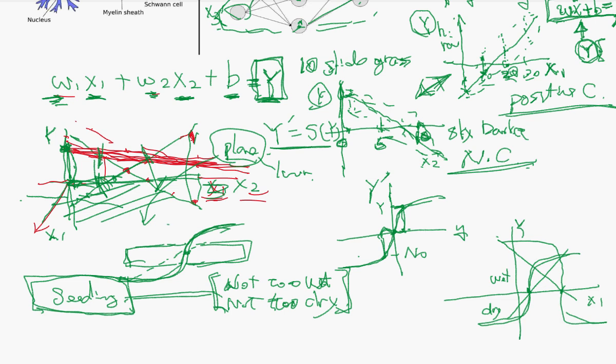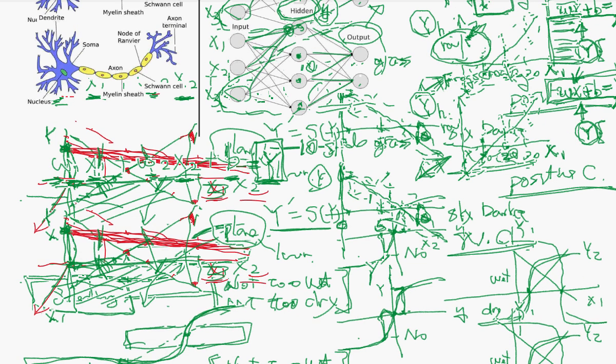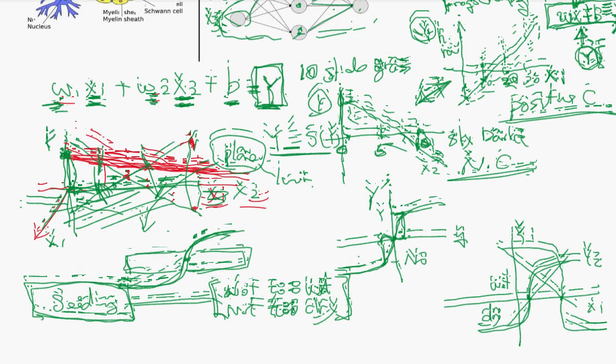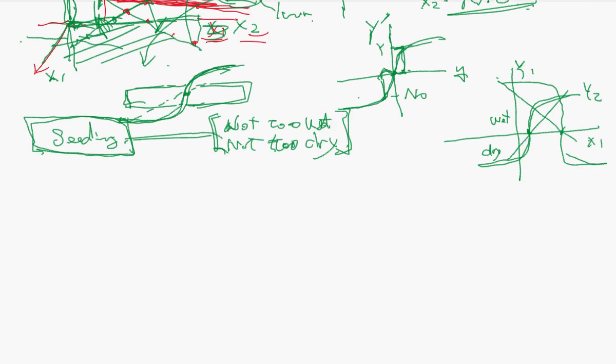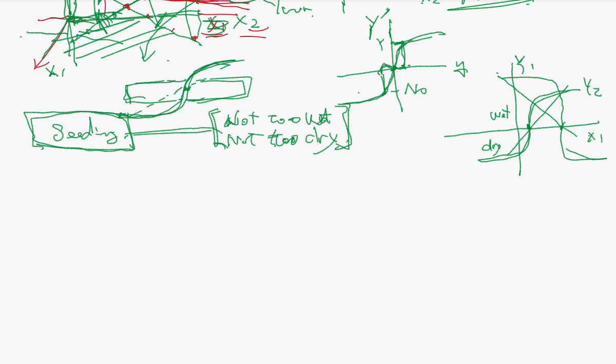So if you create y1 and y2, the second stage over here uses y as an input, so it's going to be another w1 y1 w2 different coefficient. It is going to be good seeding timing.